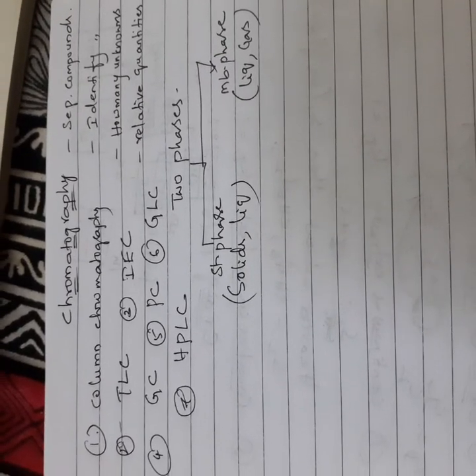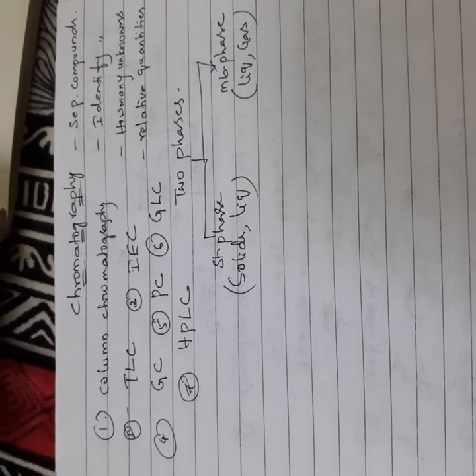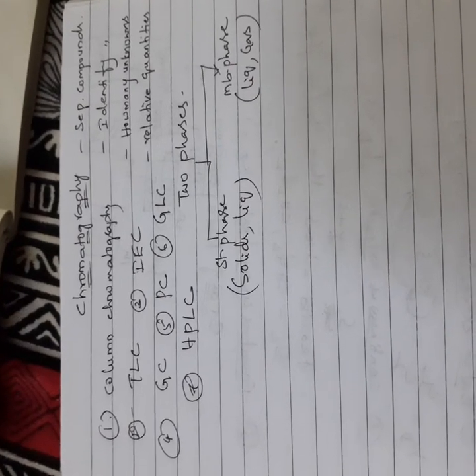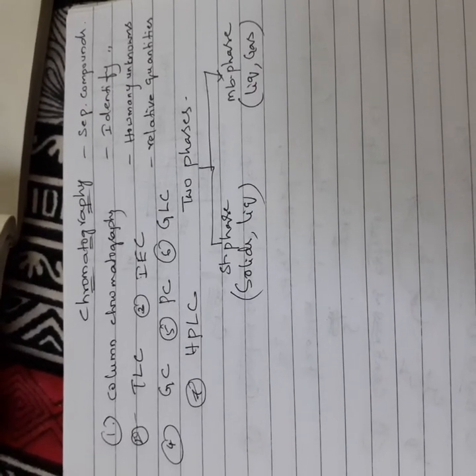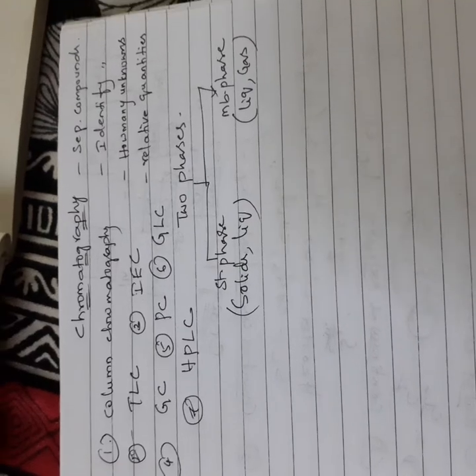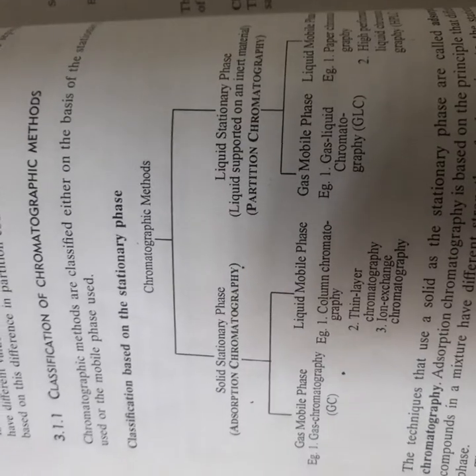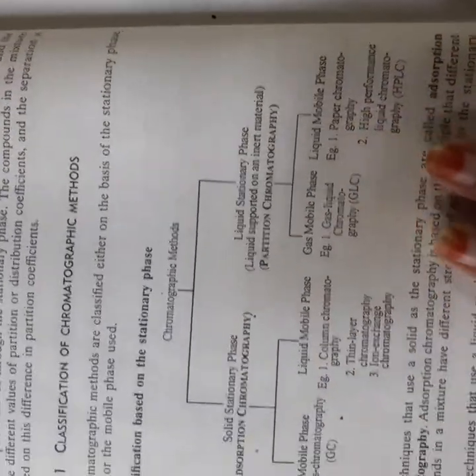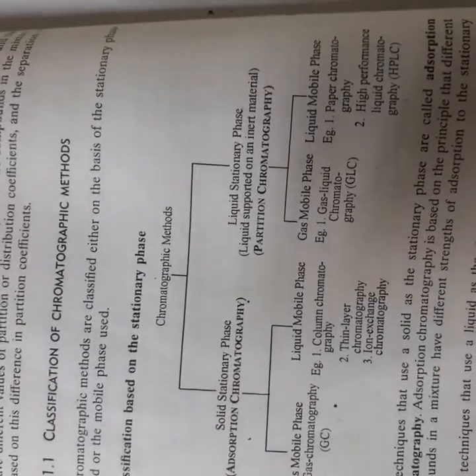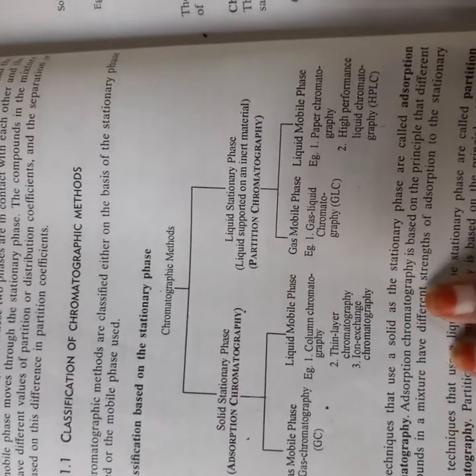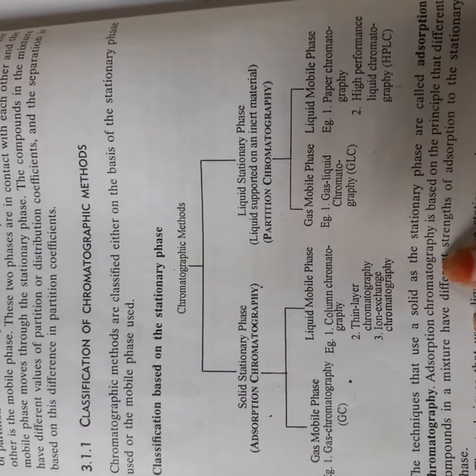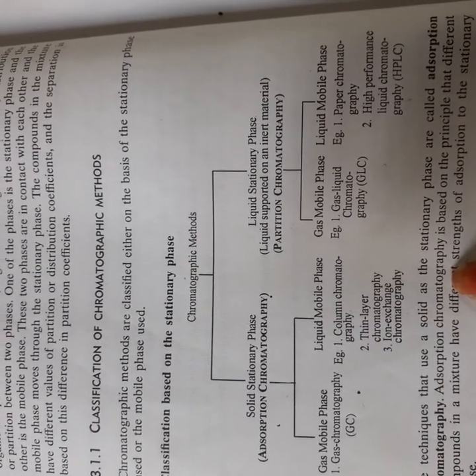How many varieties are there? Altogether 7 chromatographic techniques are there. These chromatographic techniques are based on two phases, that is stationary phase and mobile phase. Now depending upon the mobile phase and stationary phase, these chromatographic techniques are divided into these categories.